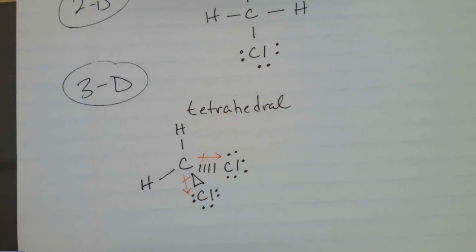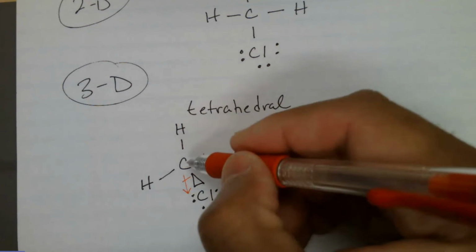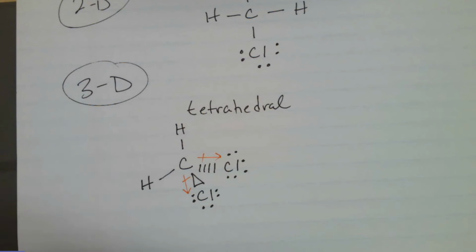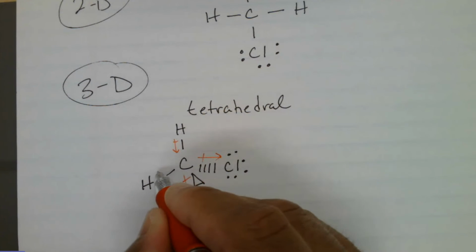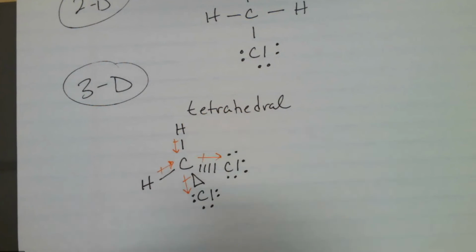In some classes, your instructor might tell you to ignore that difference in electronegativity, but even if you do account for it, carbon is slightly more electronegative, so there's almost a small dipole going towards the carbon. And what do you notice here? The electron density is being pulled from the hydrogen side, which is flat on the paper, towards the chlorine.